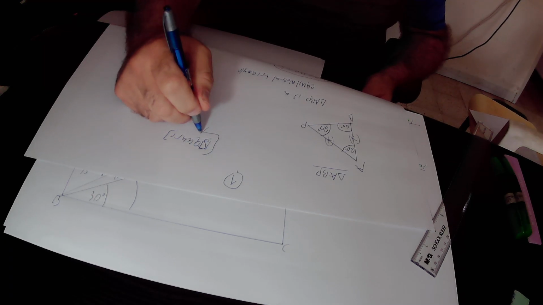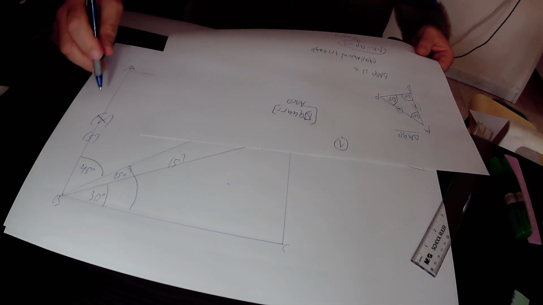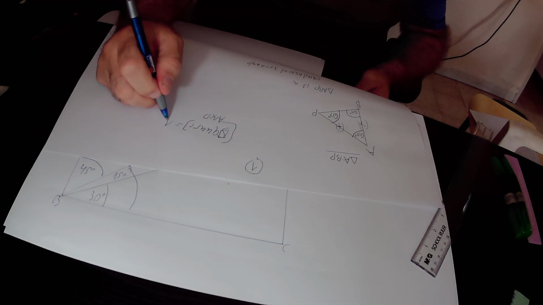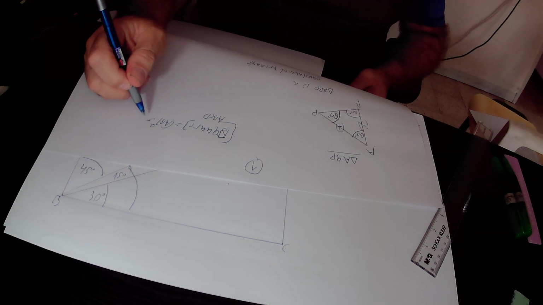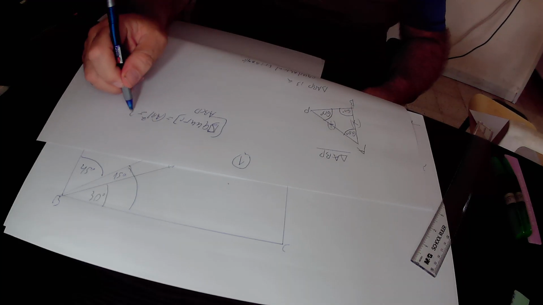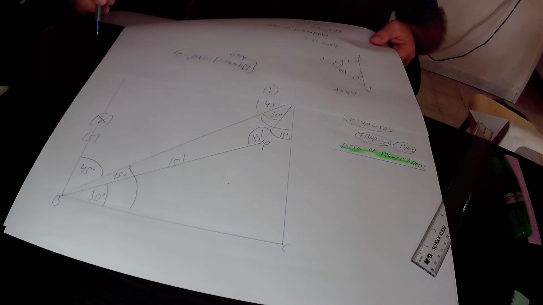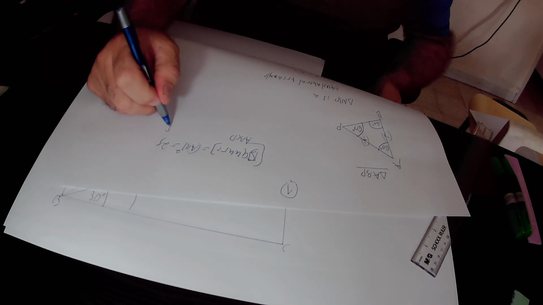So the area of square ABCD must be equal to the length of one side, that is AB squared. AB is 5, therefore AB squared is 5 squared, that is 25. So now we know that the area of this square ABCD is equal to 25 square units in its size.